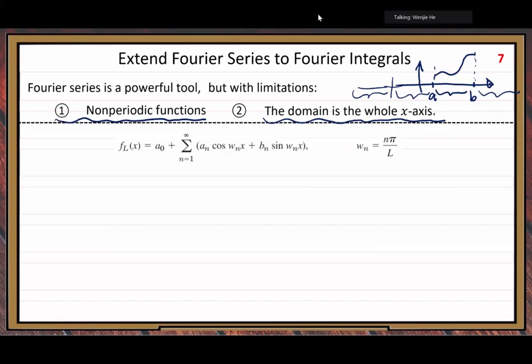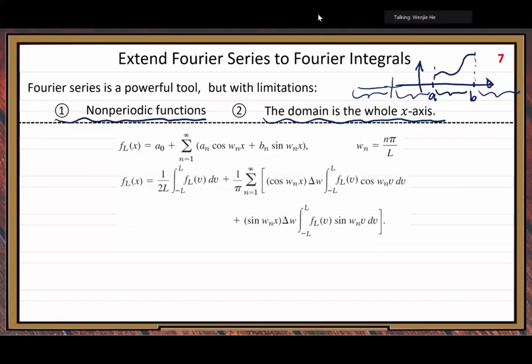So we consider the general Fourier series expression, because this general formula is applied on periodic functions. Now we take the integral.